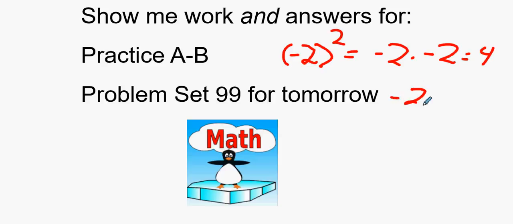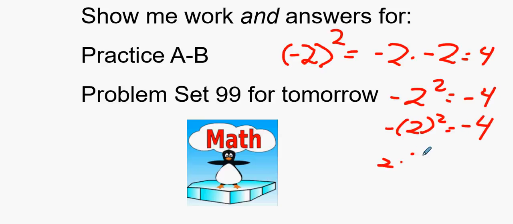If the sign is out of the parentheses, or there is no parentheses shown, then it's negative 4, because it's 2 times itself, and then you put in the negative. Show me practice problems. Problem set 99 for next time.